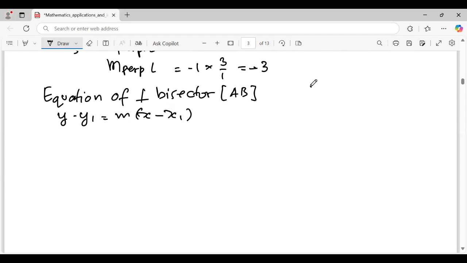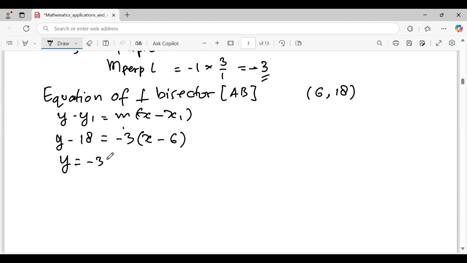The midpoint is 6, 18. So y minus 18 equals minus 3 times x minus 6. y equals minus 3x plus 18 plus 18, y equals minus 3x plus 36.